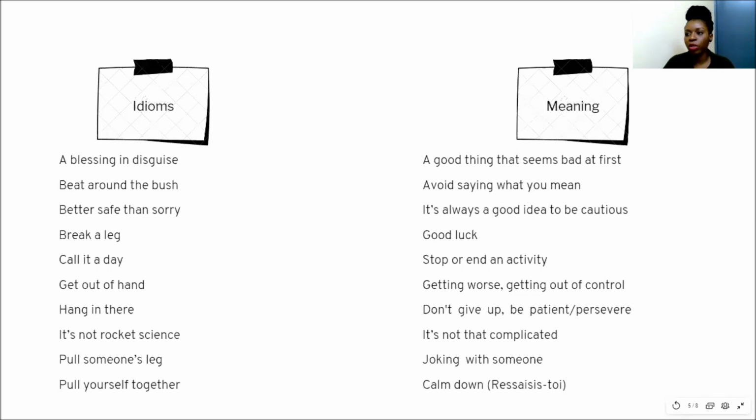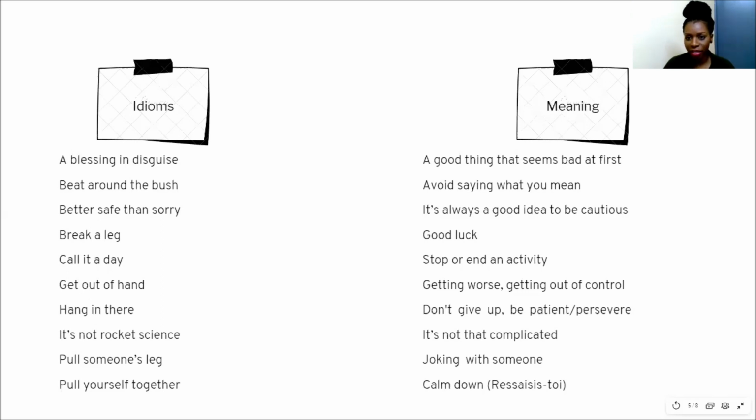So it's usually when it's a sensitive topic, if someone has died, or if it's bad news that you're about to give the person, you don't just go, oh, by the way, your mom died. You have to, you know, c'est comme en français on dira utiliser des pincettes, ou prendre des pincettes. So that's what beating around the bush is.